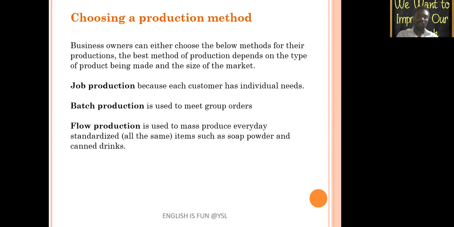And you might want to consider batch production, like I just explained, to meet up with your clients' orders, and then mass production, depending on what you want to produce. So basically, this is going to be the end of the class.